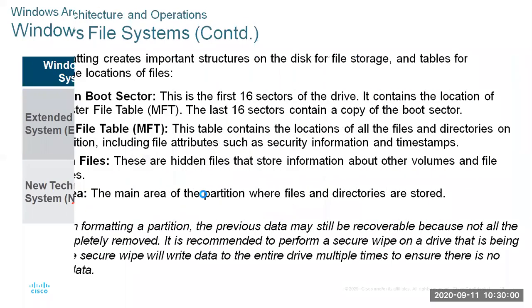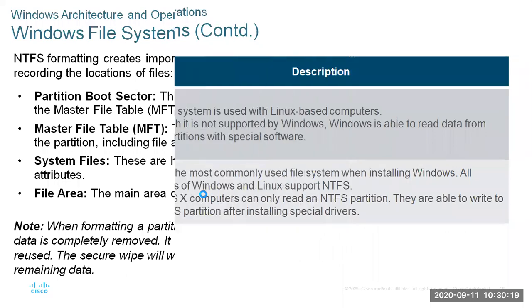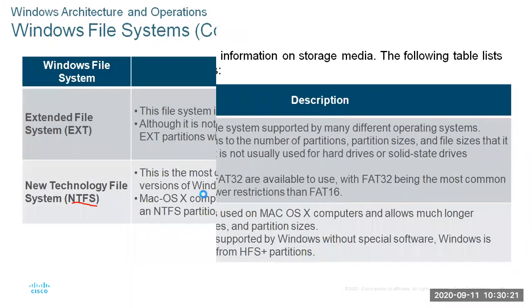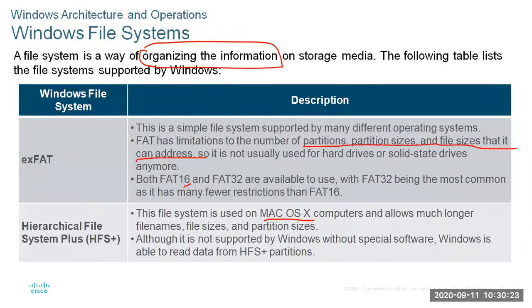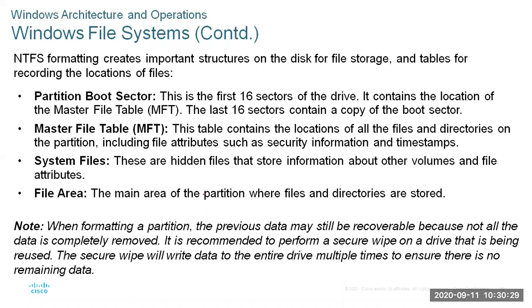So if it is a Linux system, you have to look at EXT. If it is Windows, you have to look at NTFS. FAT32 also works in Windows, and it can also work sometimes in other operating systems. And then HFS is for the Mac operating system.